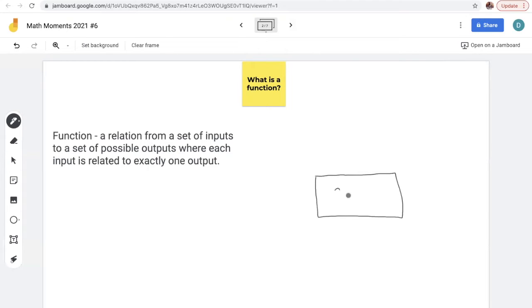So we'll call this our machine, and say I want to put something in. I'm going to put the number 1 into this machine, and it's going to spit out 2. And that's kind of the idea of a function. You put something in, and then you get something back out. Only these somethings are numbers, typically speaking.